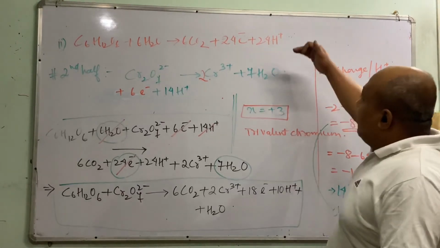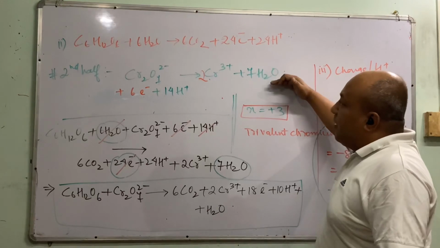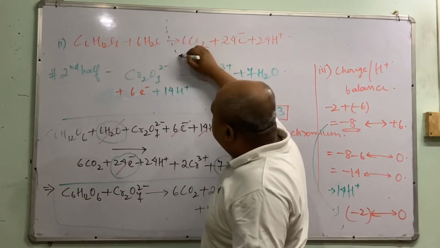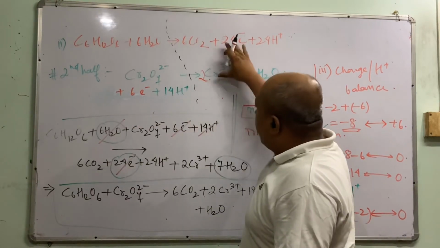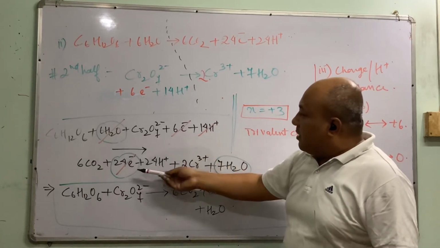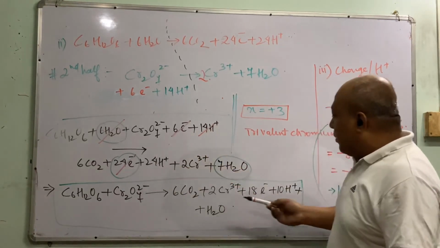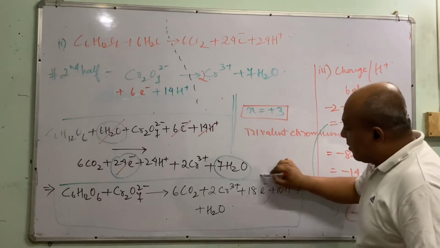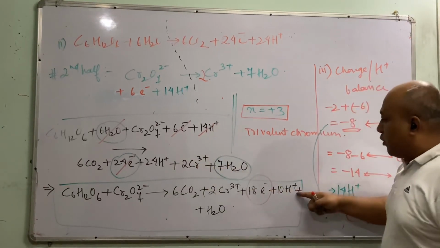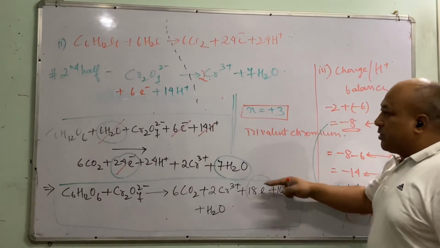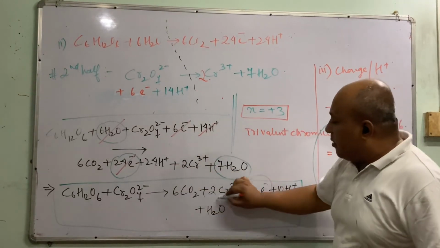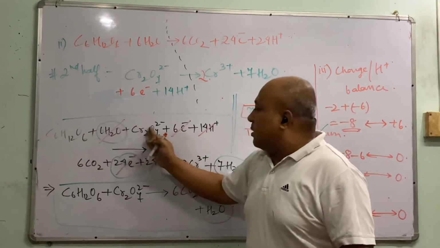So first half reaction, second half reaction, all the left side you combine, right side products you combine, and if any extra electrons are there, 24 and 6, we remove it and put 18 over here. What about hydrogen? 14 and 24 in the product, so we put 10 here. Water molecules, 6 and 7, 1 molecule we added here, and the 2 compounds.